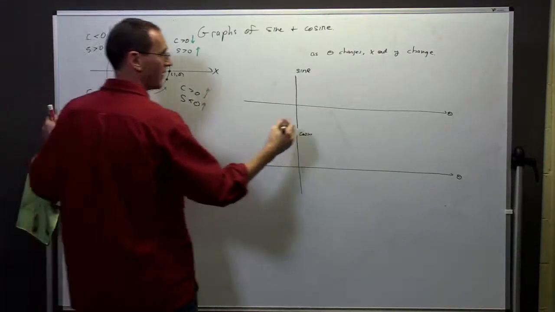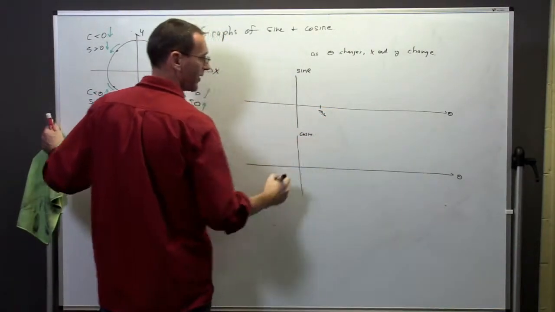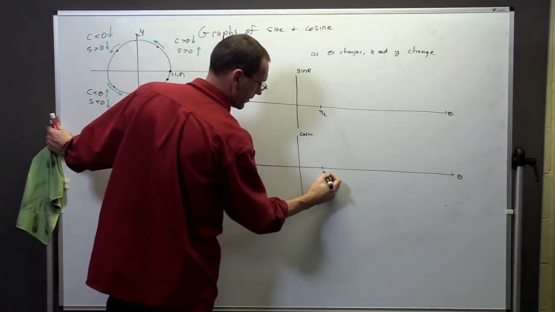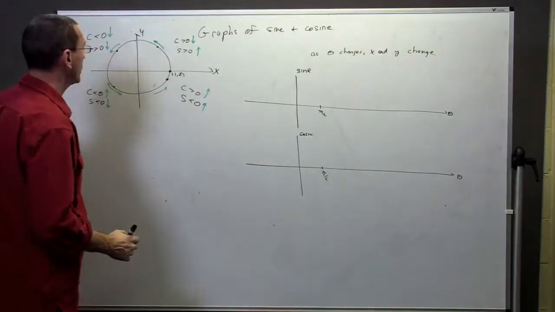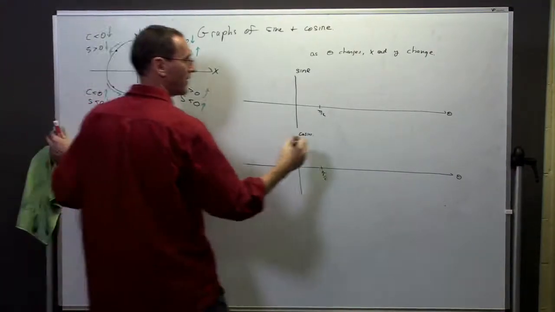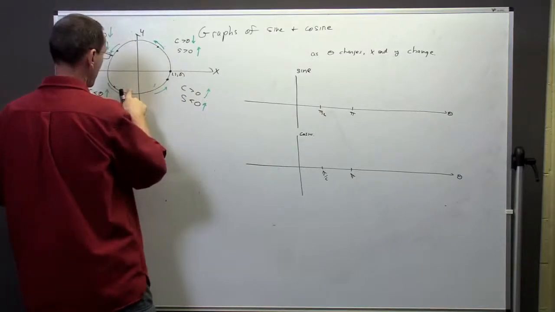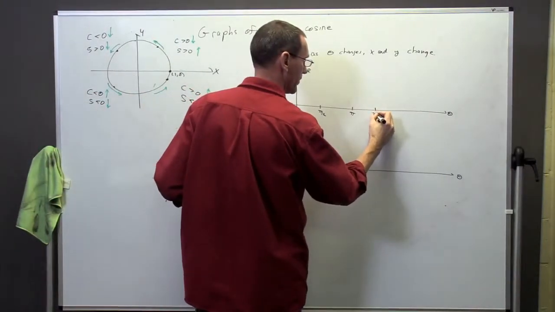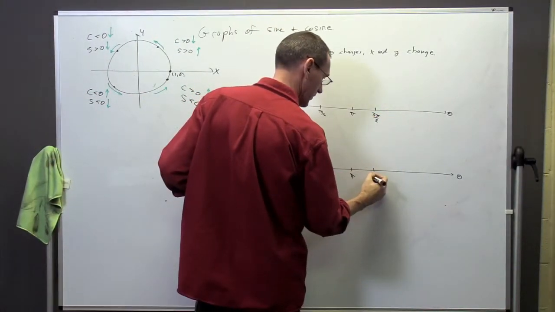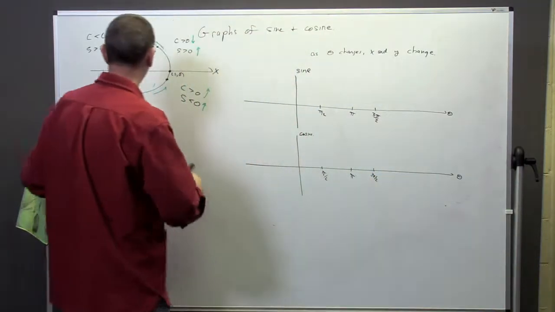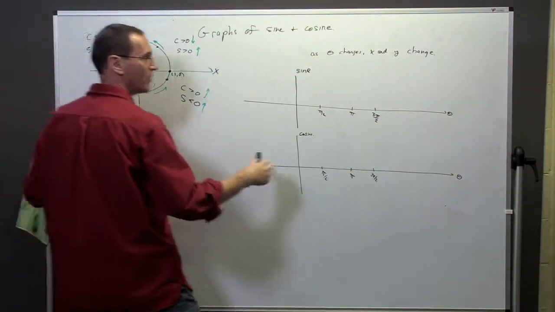As I come up to here, that angle is pi over 2. If I come down to there, that's going to be pi. If I come across to here, that's 3 pi over 2. And now as I come across here, it's at 2 pi.